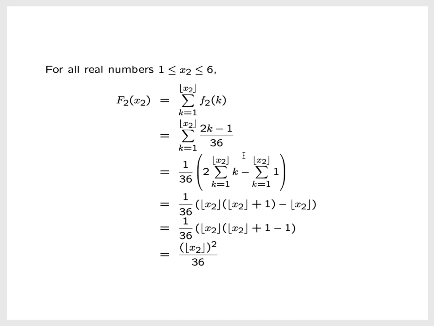Then we can do some manipulations here, and it turns out that once we simplify, the marginal CDF of x2 for values between 1 and 6 is equal to the square of the greatest integer less than or equal to x2, all over 36.